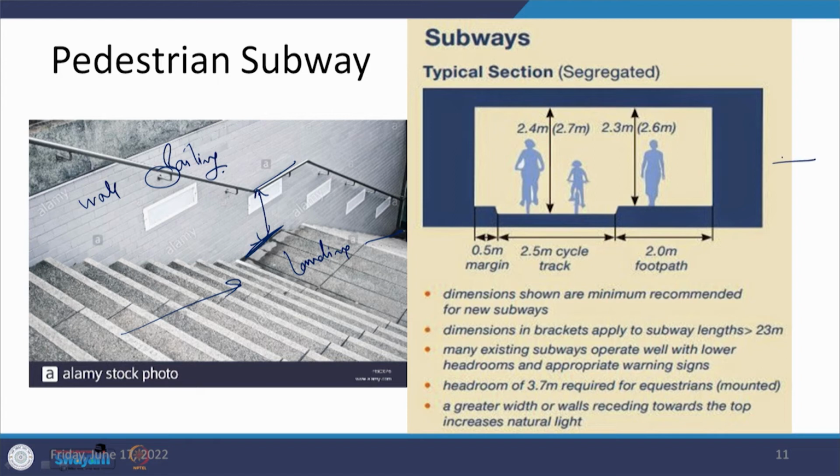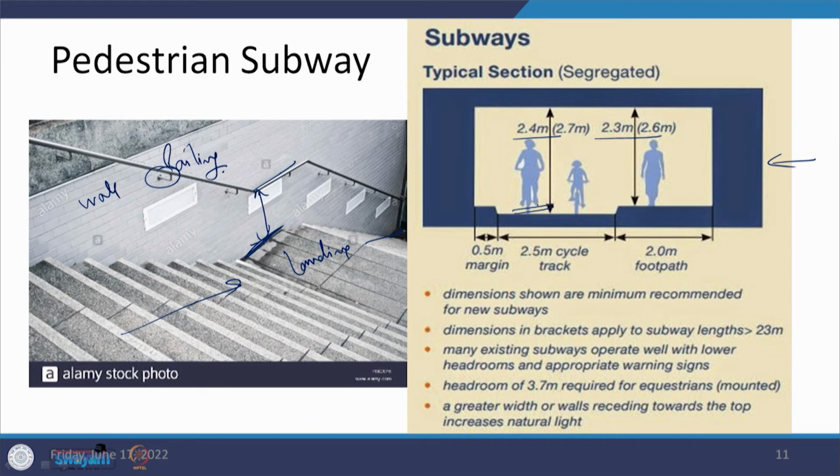The another thing which we can see in the right side photograph is, again it talks about the various heights being provided in terms of either the pedestrian or the bicyclist. For the pedestrian it says that 2.3 meters is the minimum value which should be there, and in the case of cyclist it is 2.4 meters.